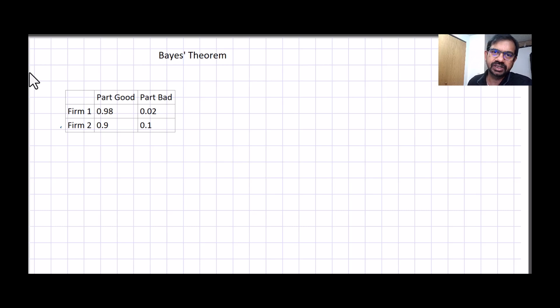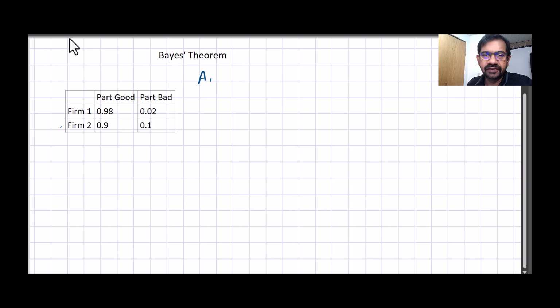We are a manufacturing firm and we supply our inputs from two different suppliers, and let's say that A1 is the event that the parts come from seller 1 or supplier 1, and A2 is the event that parts come from seller 2.